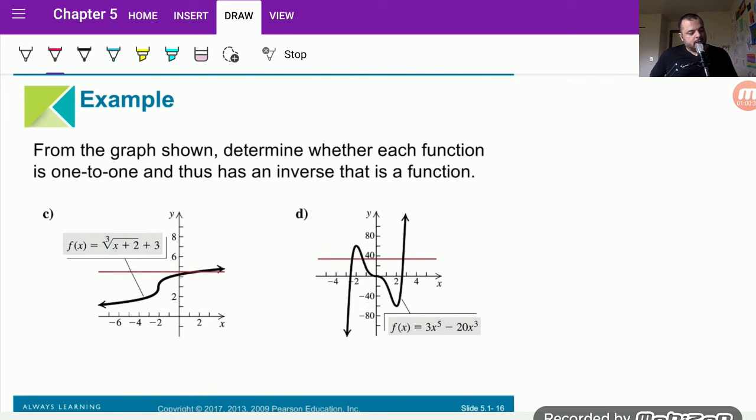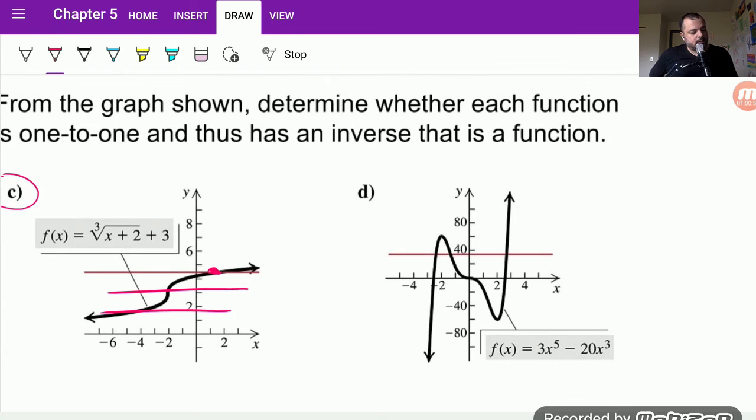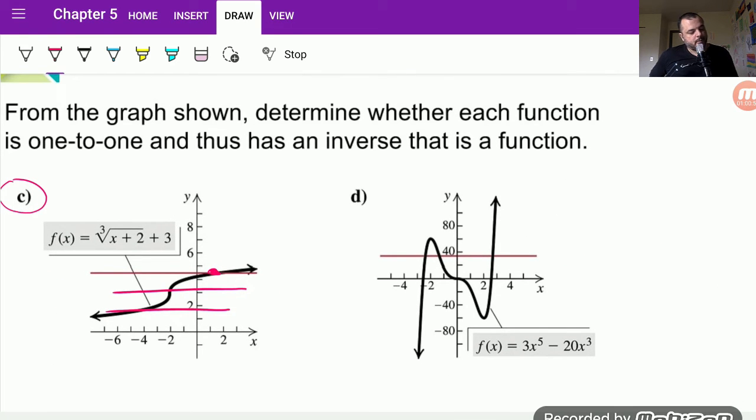What about C? For C, the horizontal line passes through the graph of the function in only one point. Take any horizontal line. So this is a one-to-one function, and because it's a one-to-one function, the inverse is going to be a function.